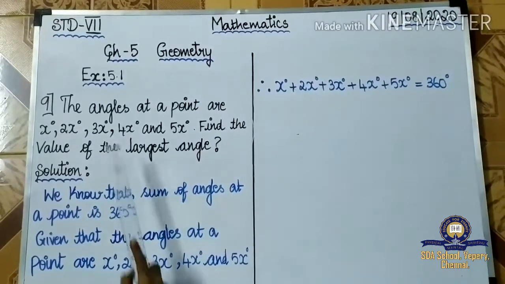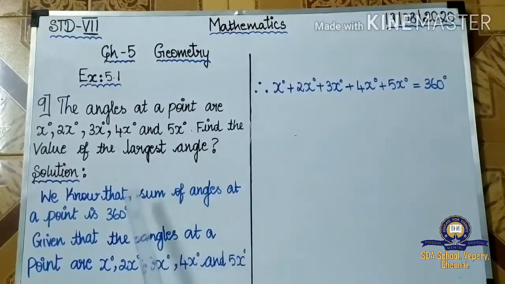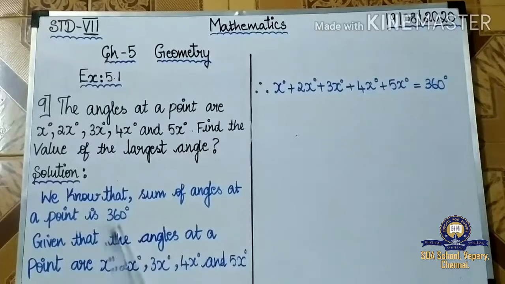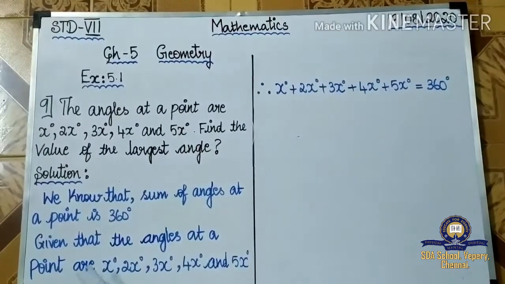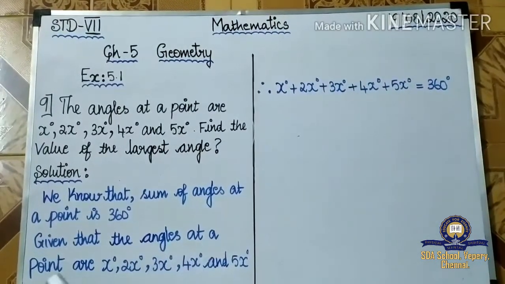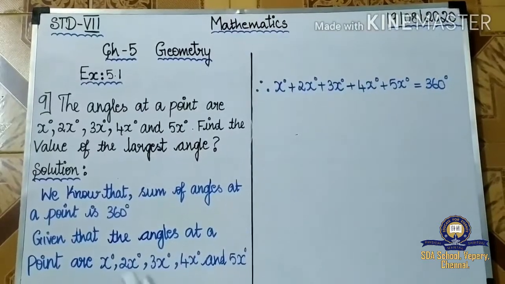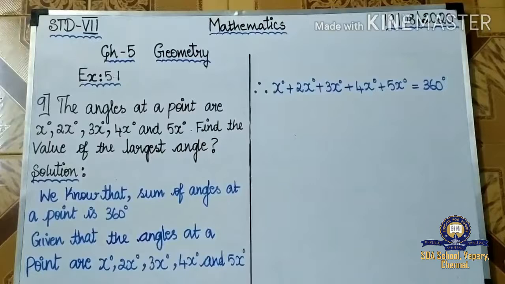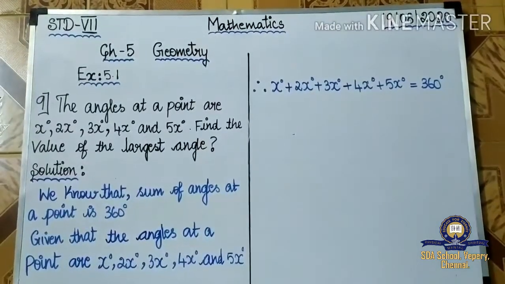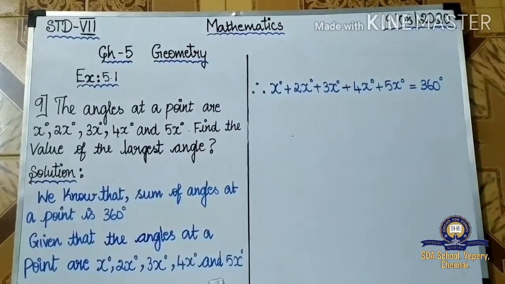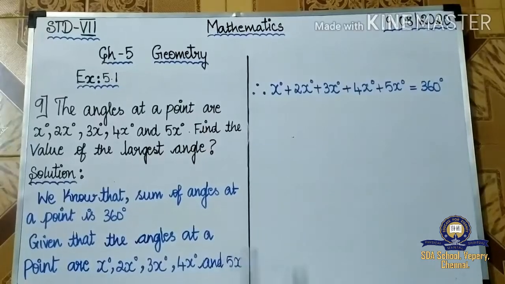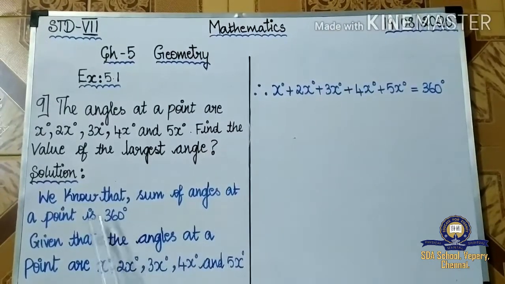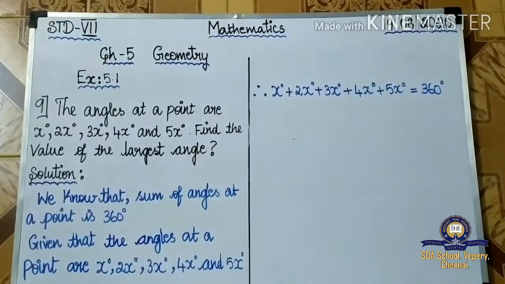We know that the sum of the angles at a point is 360 degree, right? Given that the angles at the point are x degree, 2x degree, 3x degree, 4x degree and 5x degree, we add them and the sum of the angles at the point is 360 degree.